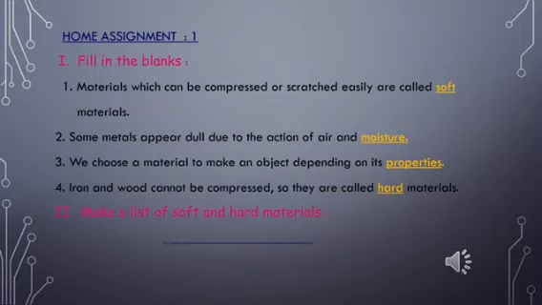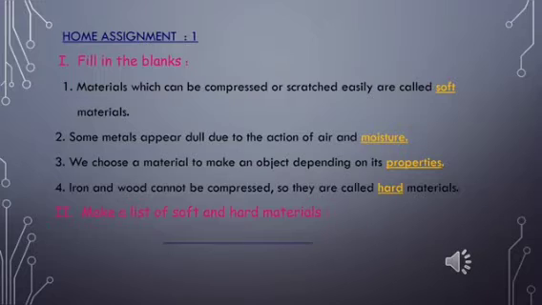Before we start with our class, let us discuss the answers for the previous home assignment. First main, fill in the blanks. First one, materials which can be compressed, scratched easily are called soft materials.